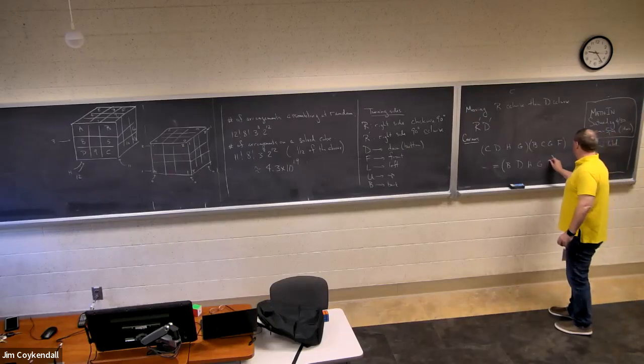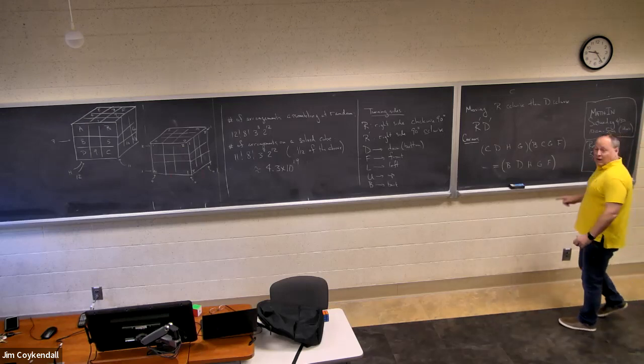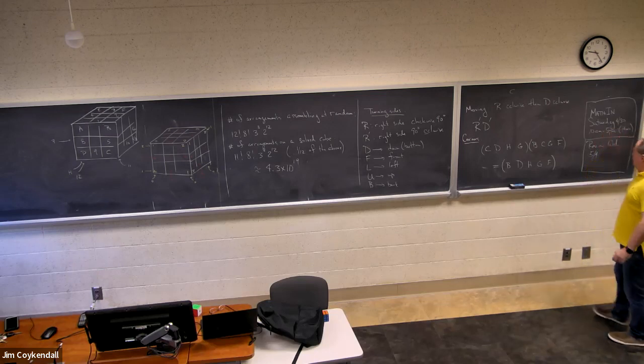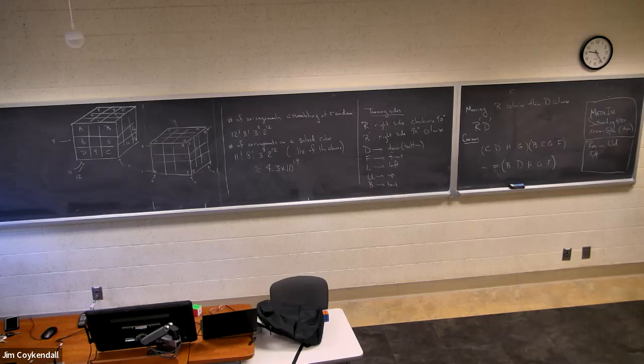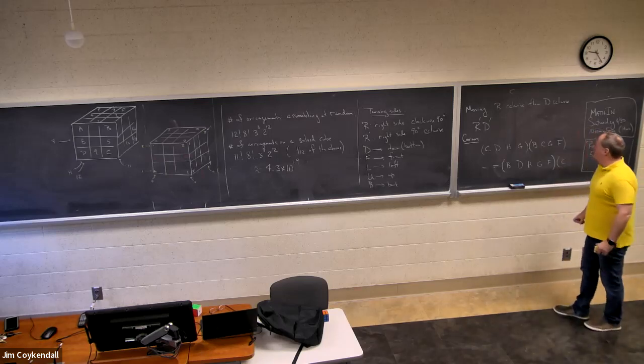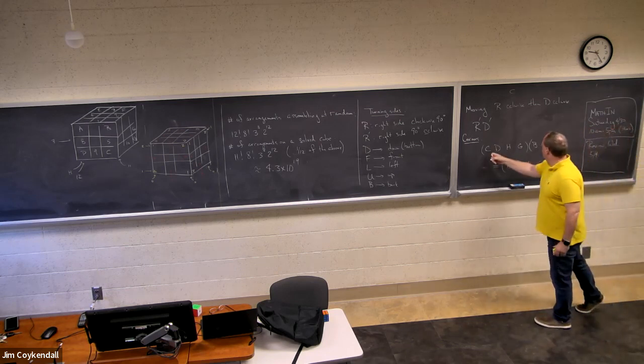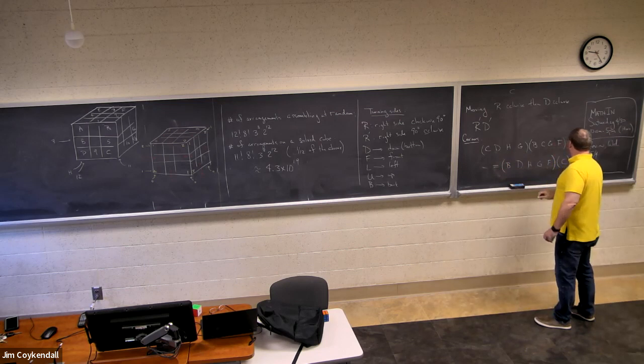F. And F, B, right? Did I cover all the letters? I covered everything except C. Where does C go? It dances. It goes to G and then back to C.